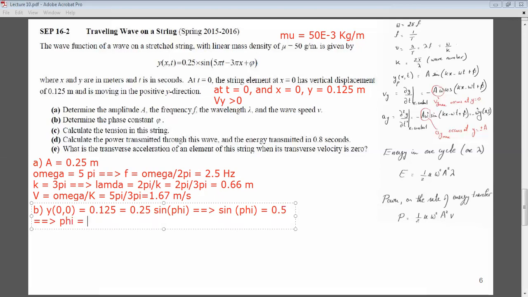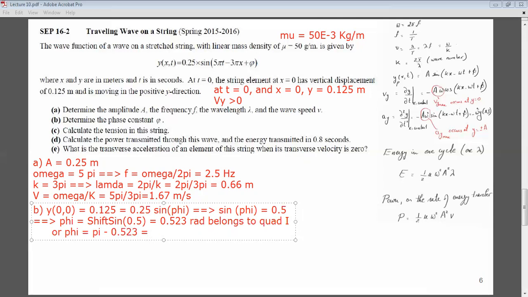So phi equals shift sine of 0.5 on the calculator, which is 0.523 radian, which belongs to quadrant 1, or phi equals pi minus 0.523, which is equal to 2.62 radian, which belongs to quadrant 2.